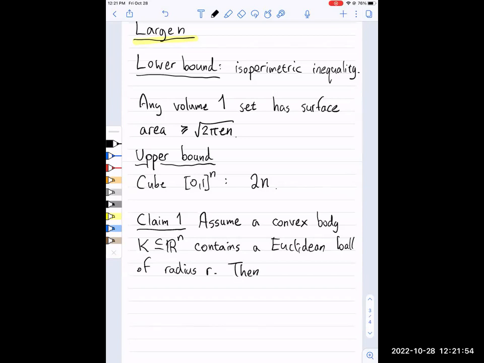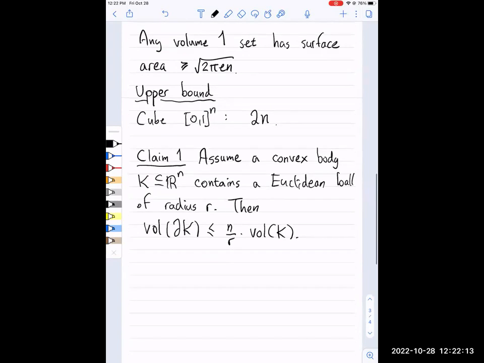Then you have a bound on the surface area. The surface area of K is at most n over r times the volume of K. Okay, so if the volume of K is 1, we have a bound of n over r on the surface area.